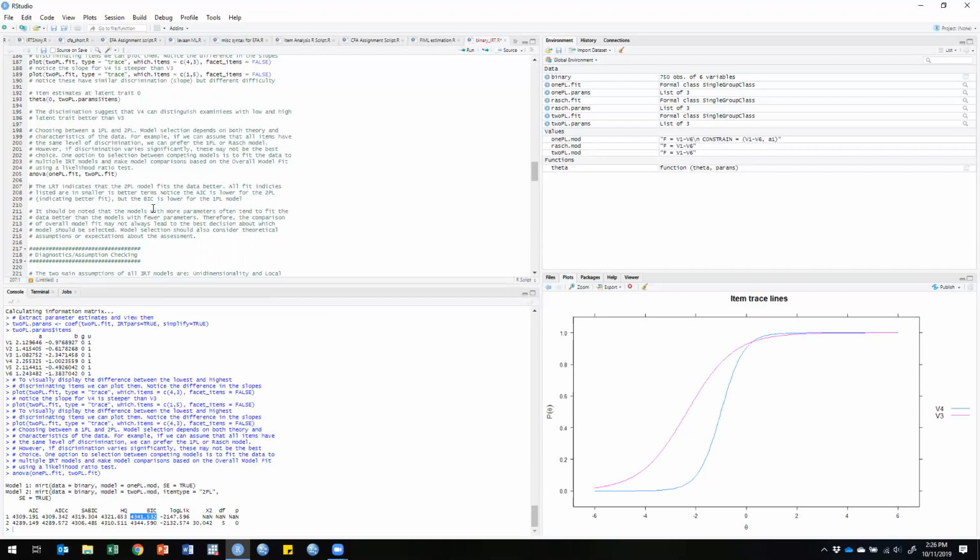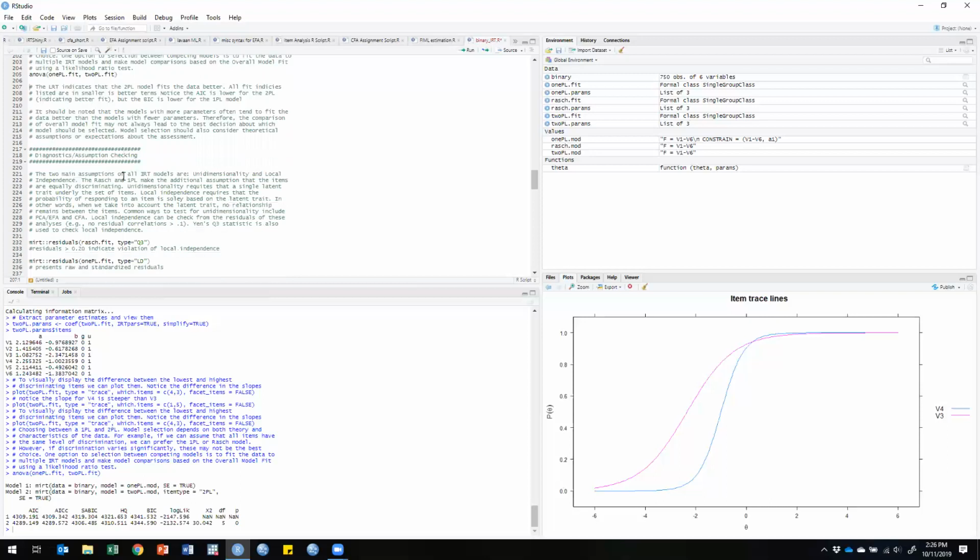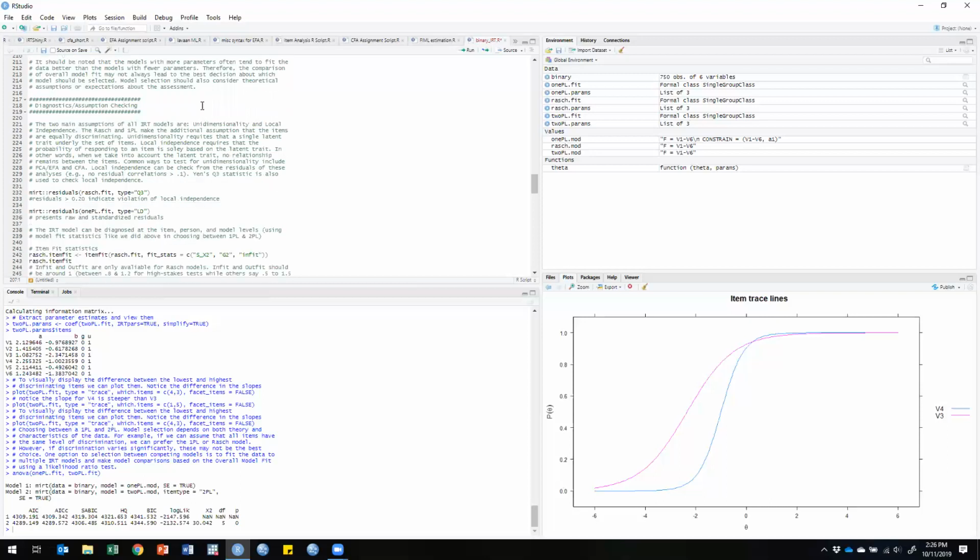Typically, the model with more parameters is going to tend to fit the data better, so a lot of times the likelihood ratio test will be significant. That's why we also look at some of the other fit indices to judge how much better, and it's really not that much better. Here we also go through some different diagnostic assumption checking.